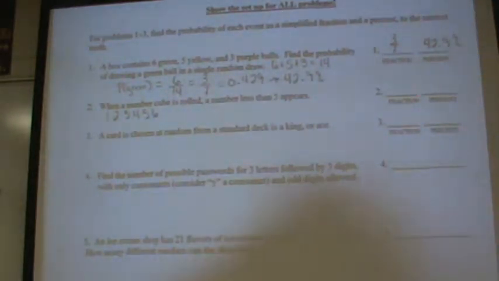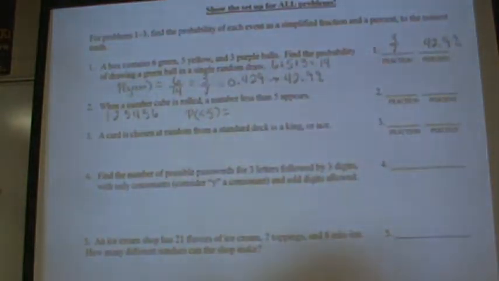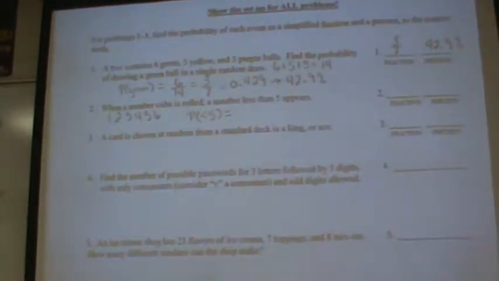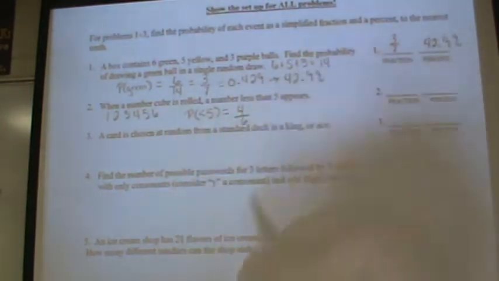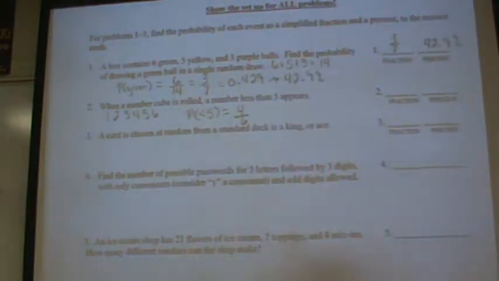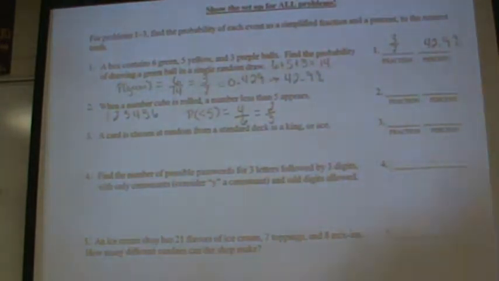So if we want the probability of rolling a number less than 5, how many numbers possible are less than 5? 4. 1, 2, 3, and 4. So we have 4 that are less than 5 over our total, which was 6. Reducing this fraction, we get 2/3. So our reduced fraction is 2/3.